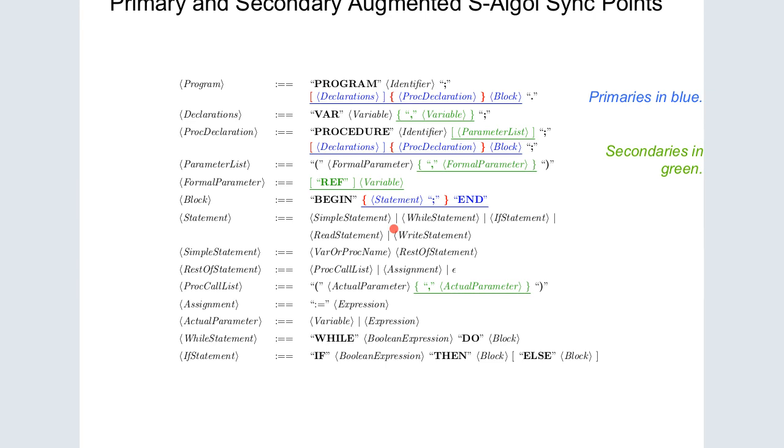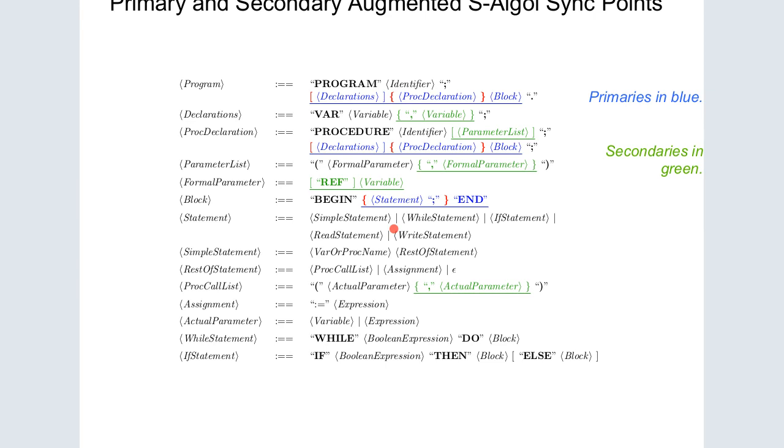In other words, you need to have augmented S-algol resynchronization in parse program, in parse procedure, and in parse block. You do not need to include augmented S-algol resynchronization in parse declarations or parse procedure declaration or parse formal parameter or parse procedure call list or any of the others. You can if you like, but you don't actually get any marks for it, so I wouldn't waste my time.